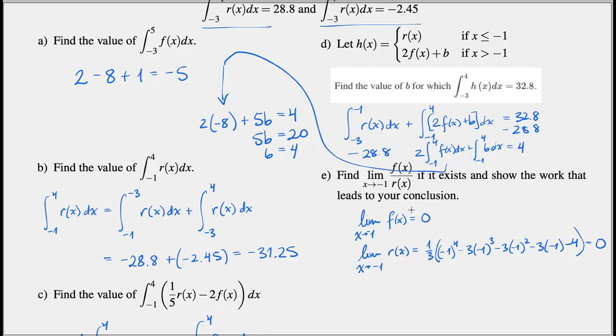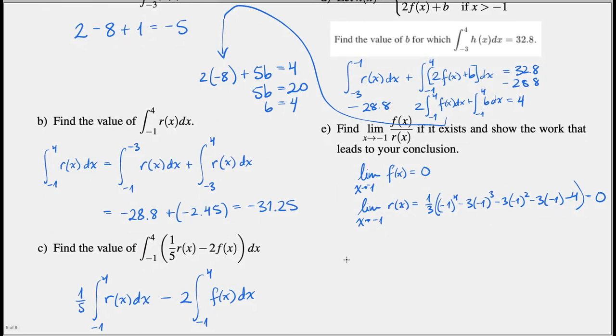So both numerator and denominator approach 0, which means we can use L'Hopital's rule. So the limit as x approaches negative 1 of f of x over r of x will equal the limit as x approaches negative 1 of f prime of x over r prime of x.